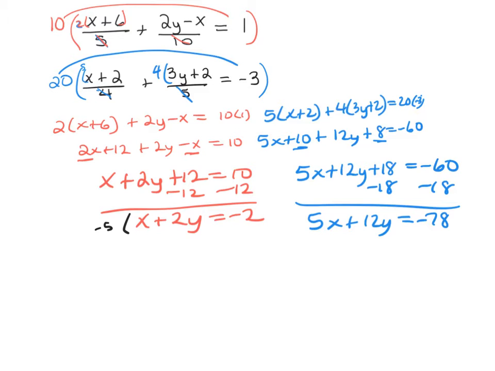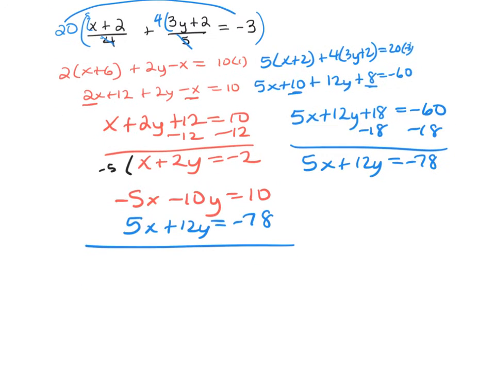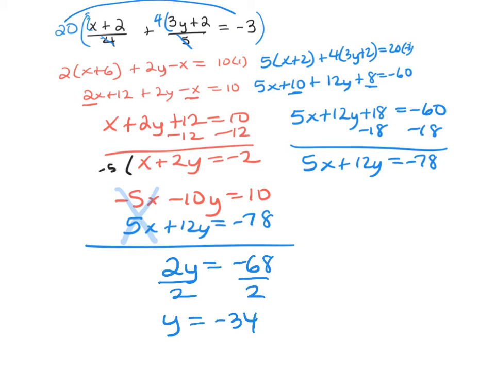So this will now become negative 5x minus 10y equals 10. And now I can combine it with the other one. The x's cancel. I'm left with 2y equals negative 68. Divide by 2. And y equals negative 34. Good? Now I need to get x.